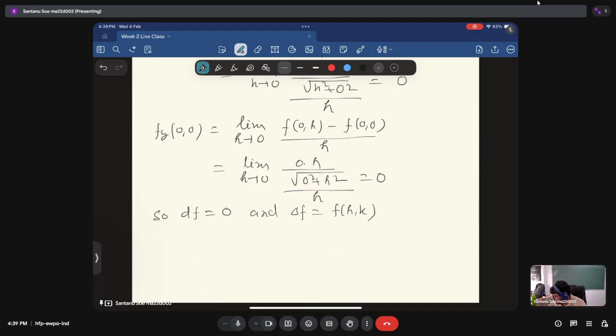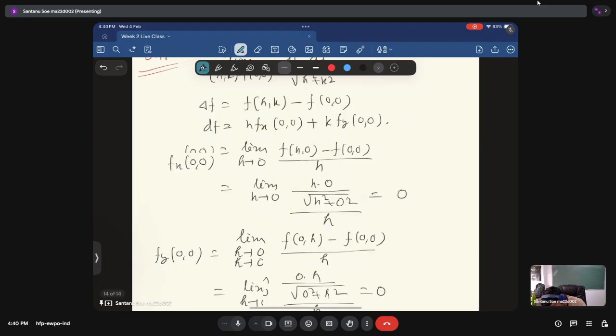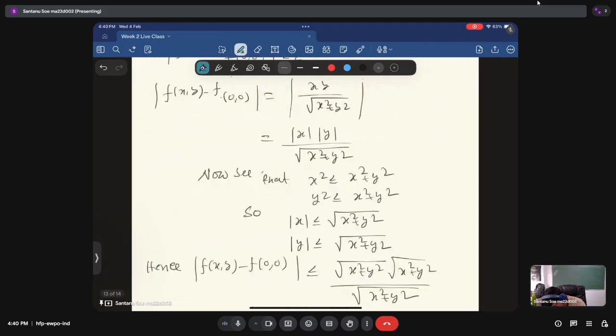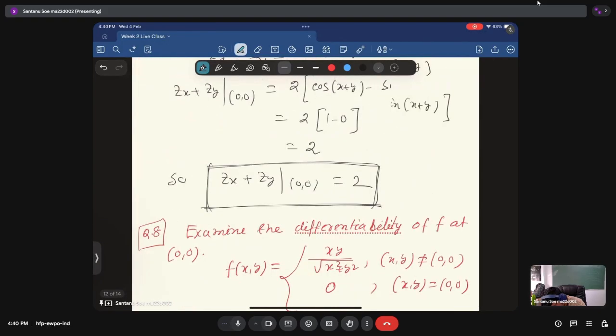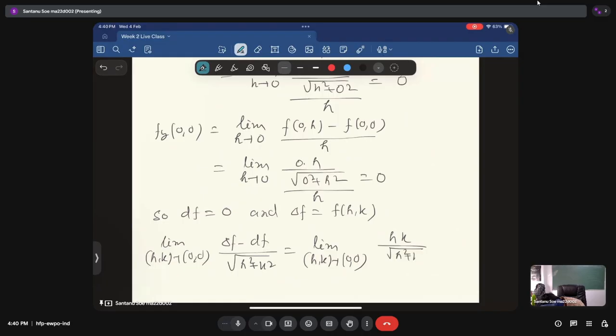Okay. So now the definition: limit as (h, k) tends to (0, 0) of (Δf − df) divided by square root of h squared plus k squared is the same as limit as (h, k) tends to (0, 0) of Δf, which is f(h, k), so this will be hk times the square root of h squared plus k squared, divided by the square root of h squared plus k squared.